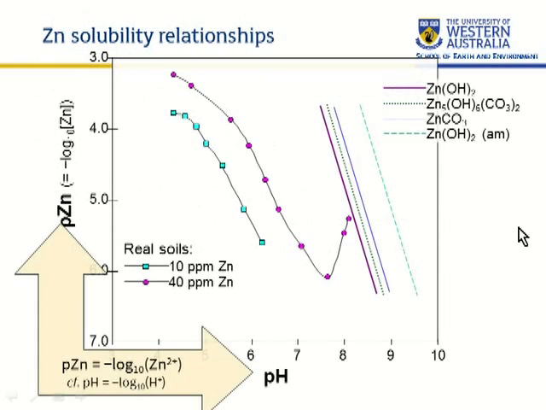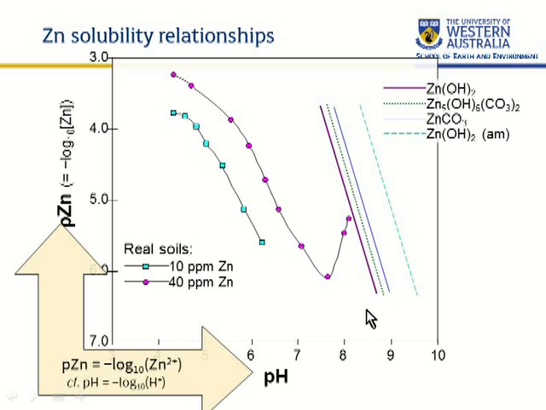Just a couple of examples where speciation calculations fall down. This is a fairly basic example showing the pZn, so minus log zinc concentration. So zinc is actually increasing as we go up the vertical axis as a function of pH, which we know about. And if we look at the theoretical relationships based on solubility of different types of zinc compound which might exist in soils, we find these particular relationships. But if you actually measure zinc concentration in solution versus pH for real soils, you get quite a different relationship.